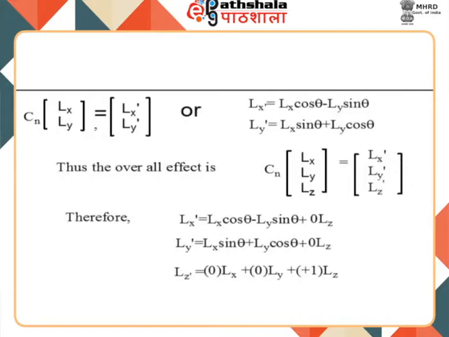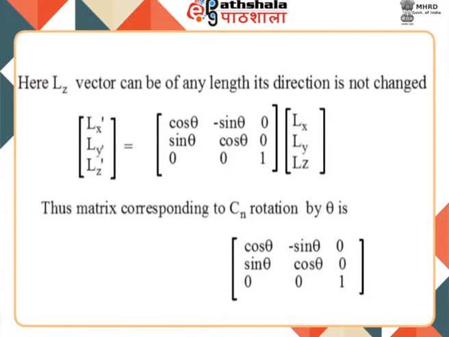This slide also represents the equations which correlate Lx dash with Lx, and in matrix form the effect of operation of Cn by an angle theta gives a matrix corresponding to this Cn axis, rotated by theta angle, as cos theta minus sin theta 0, sin theta cos theta 0, 0 0 1, as the matrix corresponding to Cn rotation which operates on vectors Lx, Ly and Lz, and here the angle of rotation can be any as shown over here.